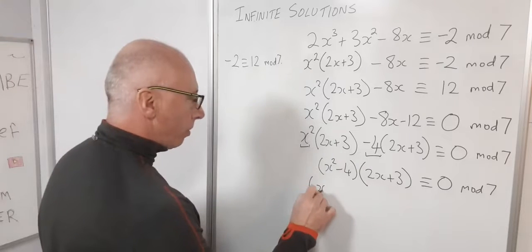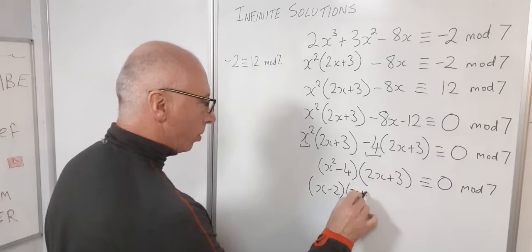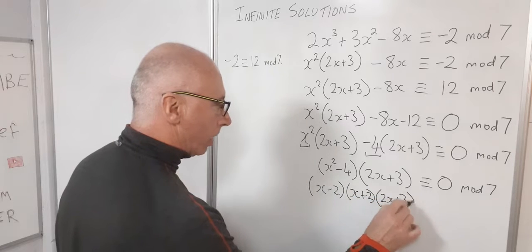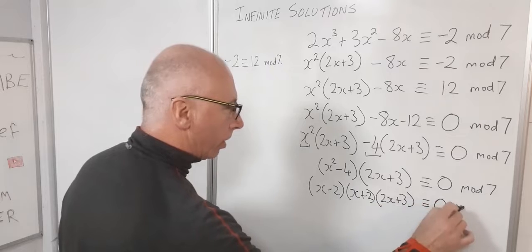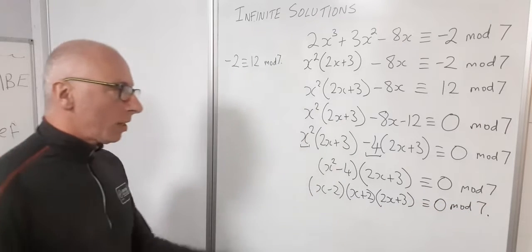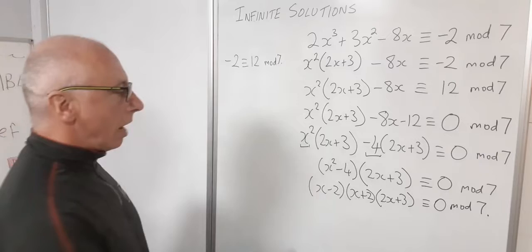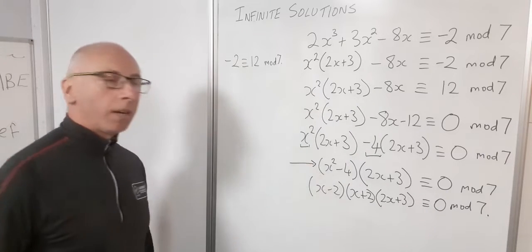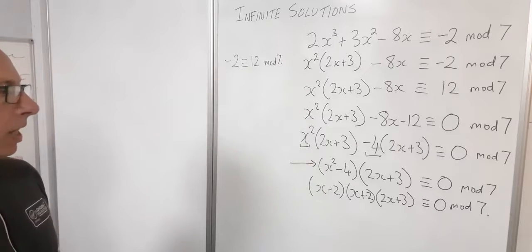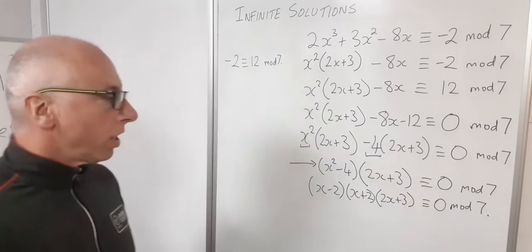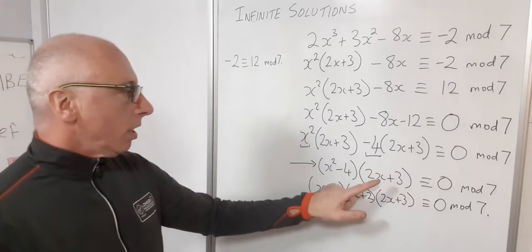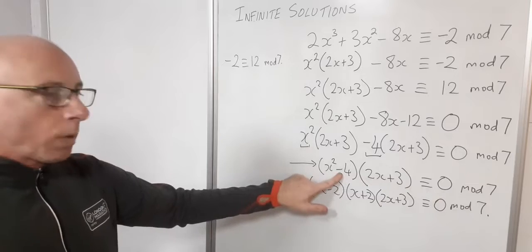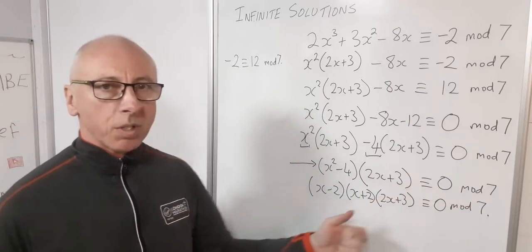So if I wanted to, I could write x minus 2, x plus 2, let's write that in there like that, and then 2x plus 3, and that's congruent with 0 mod 7. So either of these are going to work. I'm not going to use this one for now. You could use that if you wanted, but this is where I'm going to find my solutions, modulus 7. So for all of these to be congruent with 0 mod 7, basically my 2x plus 3 must be congruent with 0 mod 7, and my x squared minus 4 must be congruent with 0 mod 7.